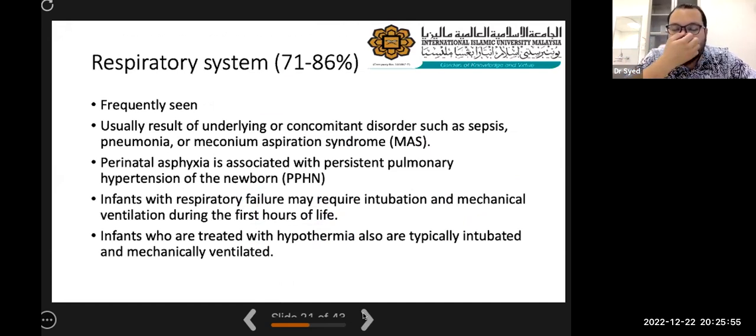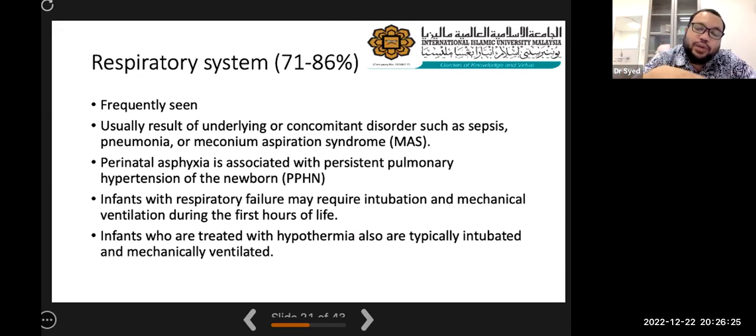Okay, that's the neurological. Next is respiratory system. So respiratory is affected in 71 to 86% of the patients. It's frequently seen. Usually there may be underlying problem yang lain juga lah, sepsis, pneumonia, meconium aspiration. And perinatal asphyxia is associated with PPHN. So among the causes of PPHN is perinatal asphyxia.